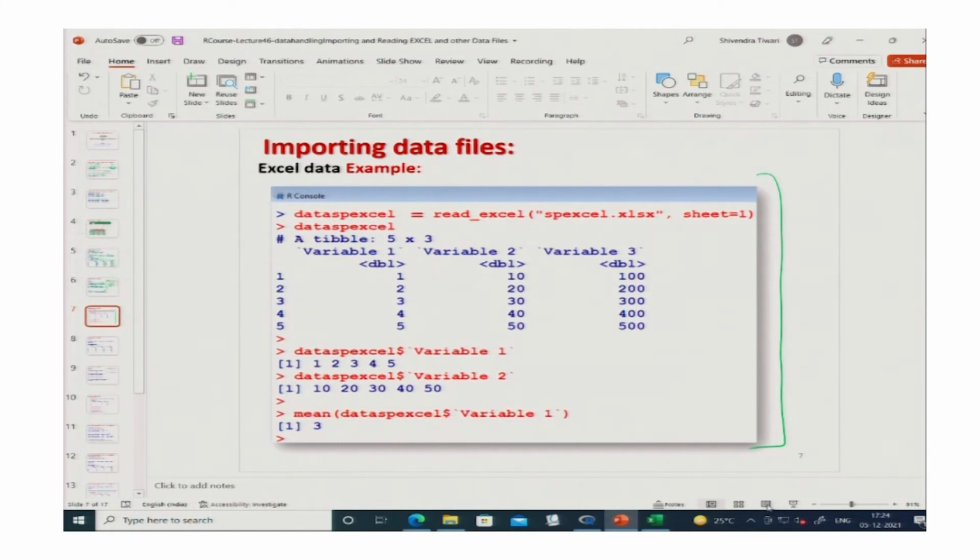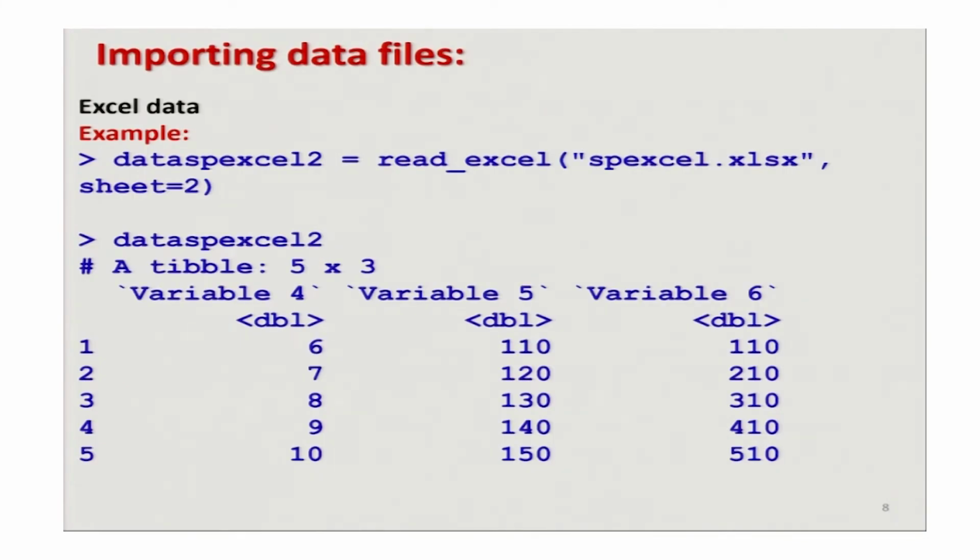Now I will give you one more thing. Suppose I create sheet number 2, in which there are some values, and you want to read these values from sheet number 2. All you have to give is read underscore excel, the file name, and then write sheet equal to 2.